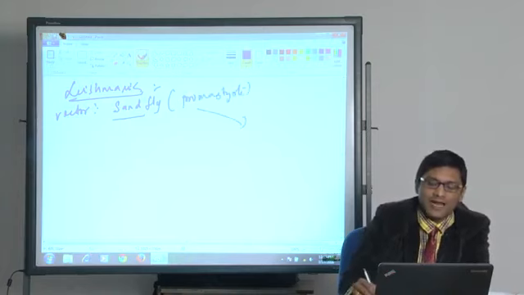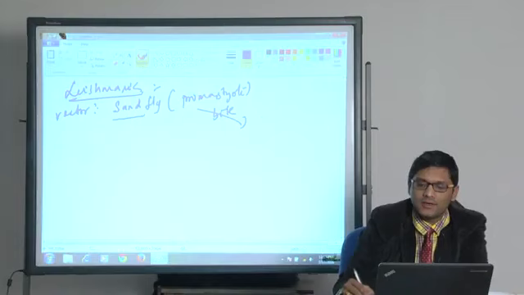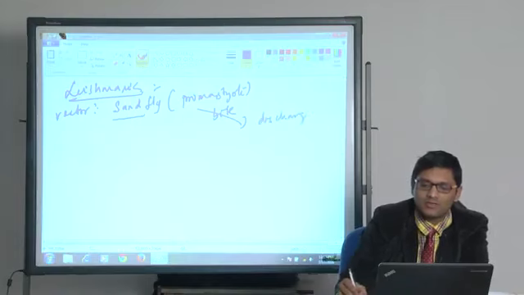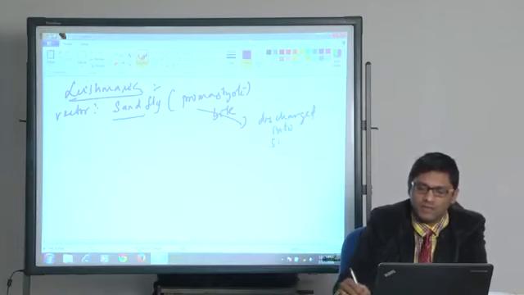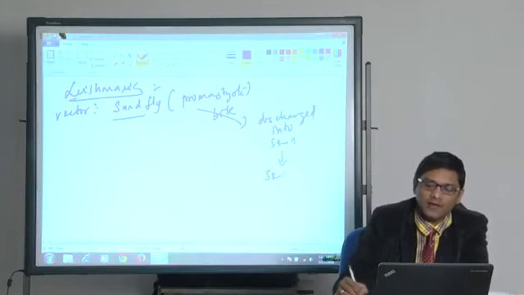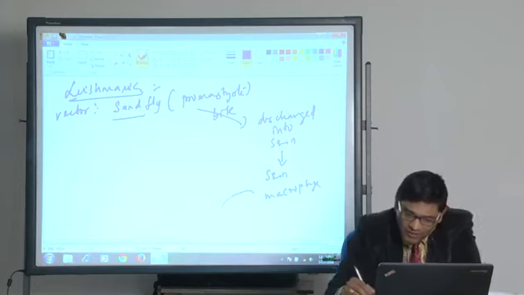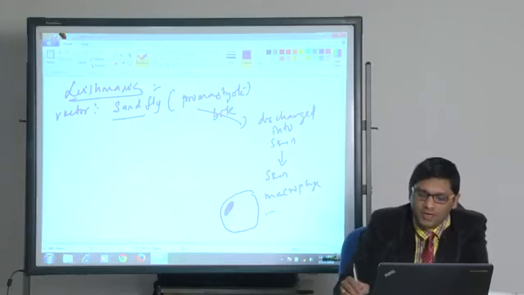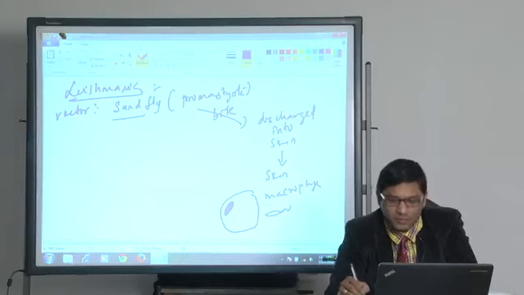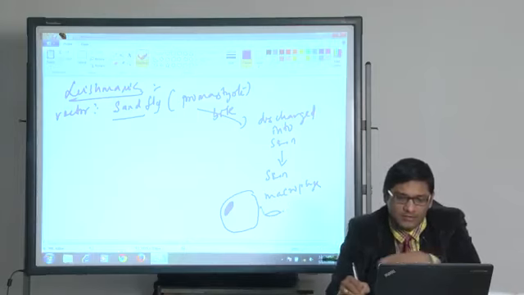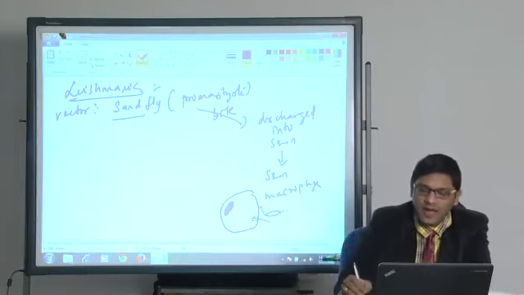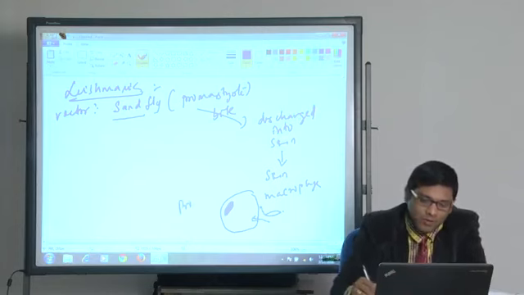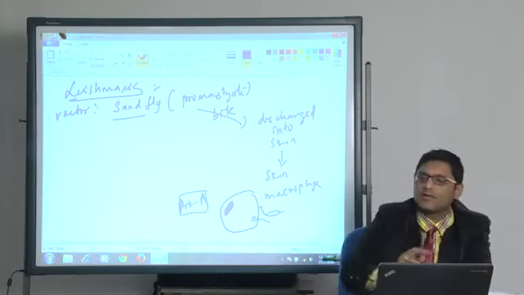So when the sandfly bites, the promastigote form will be discharged onto the skin and will be taken up by skin macrophages, and inside the macrophage, promastigote to amastigote transformation will take place.